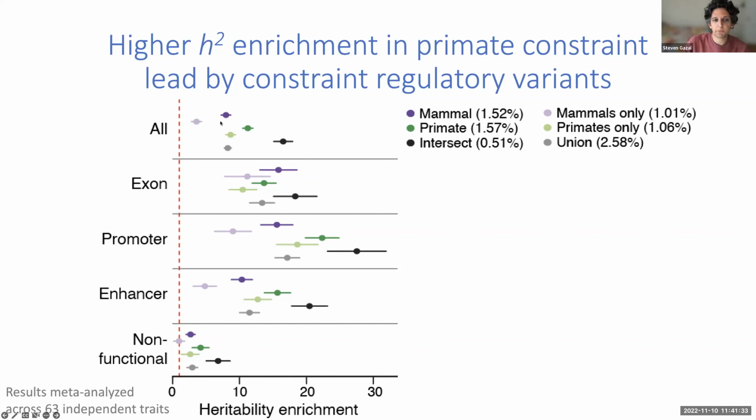Basically, bases constrained only in mammals are not that enriched in disease heritability compared to bases constrained only in primates. Then we stratified these variants based on their function.